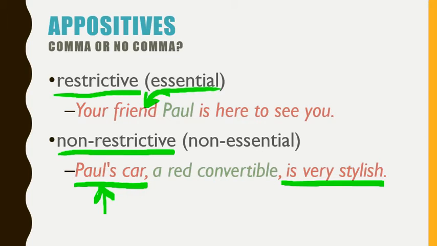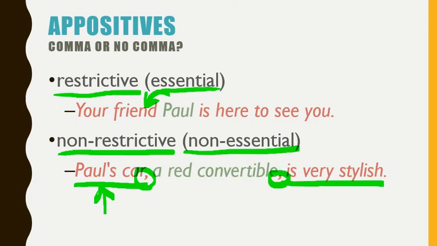So anything additional that you say about that car, to identify or clarify that car, is not really necessary. So it's considered non-essential in identification. It explains and clarifies, but it's not essential for identification. So in that case, we would use a comma there, and a comma there. Paul's car, by the way, it's a red convertible, and it is very stylish.